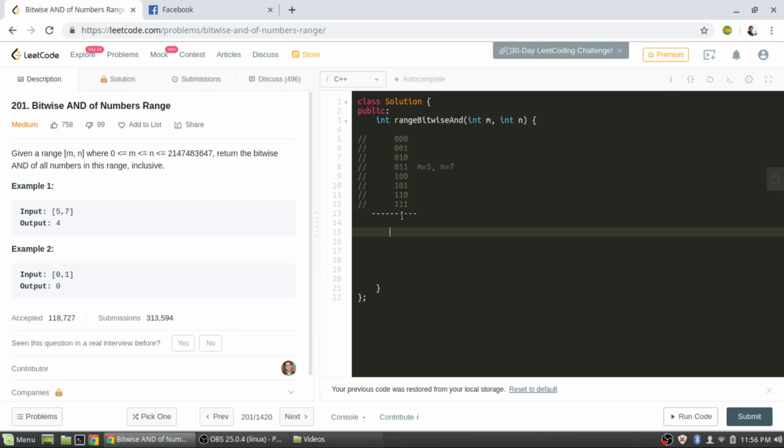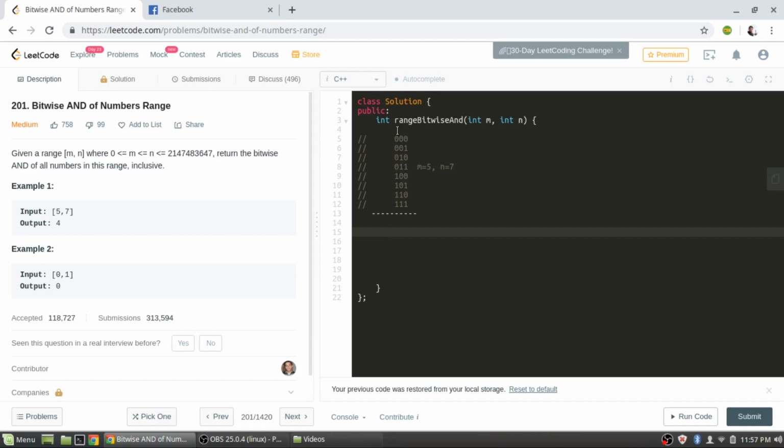Now observe something in each column. If you go to the 0th column, you'll see a pattern: 0 1 0 1 0 1. So 0, then 1, and then it repeats. Similarly, in the first column we have 2 zeros, then 2 ones, then again 2 zeros, then 2 ones.